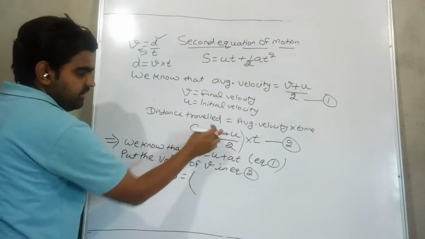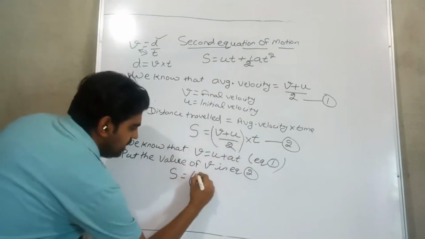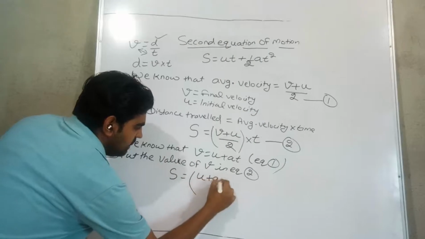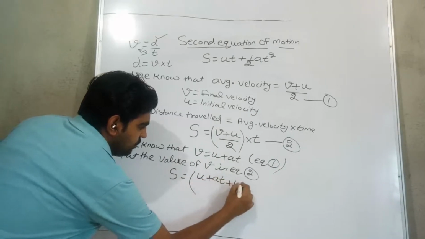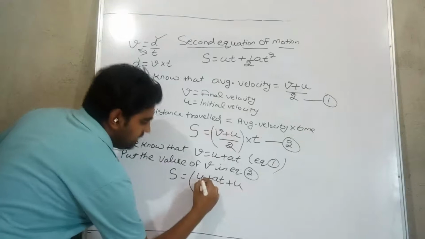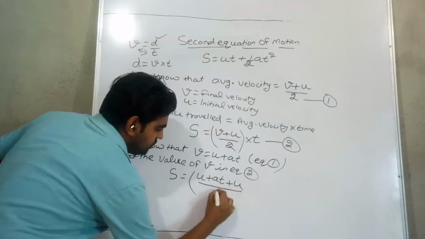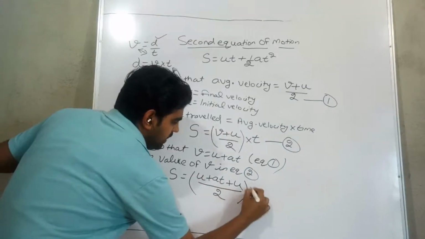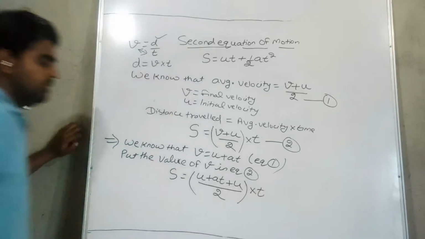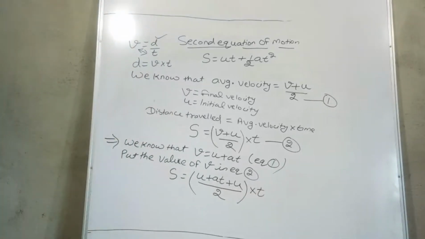We replace v by u plus at, so s equals u plus at plus u upon 2 into time.